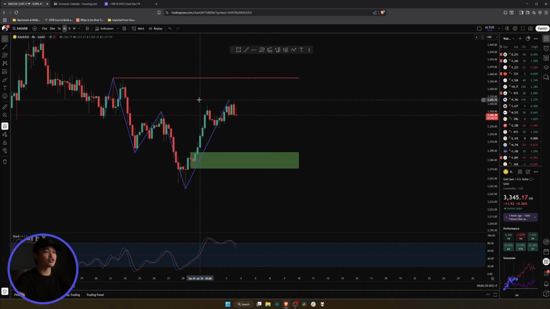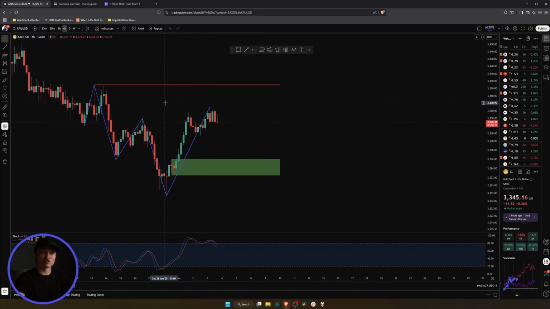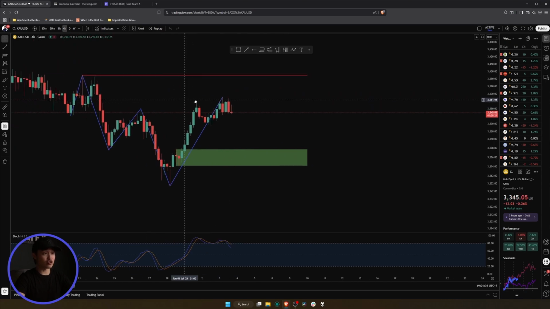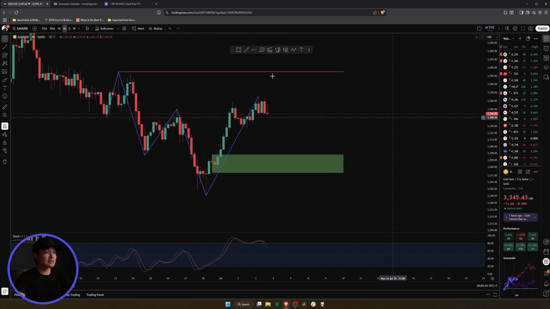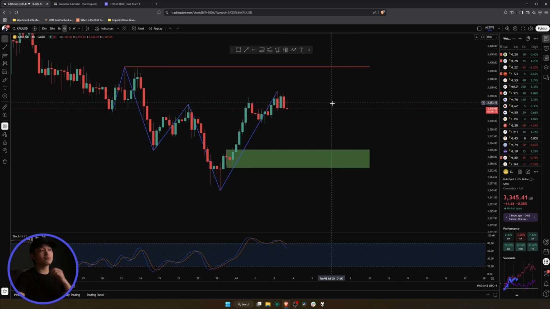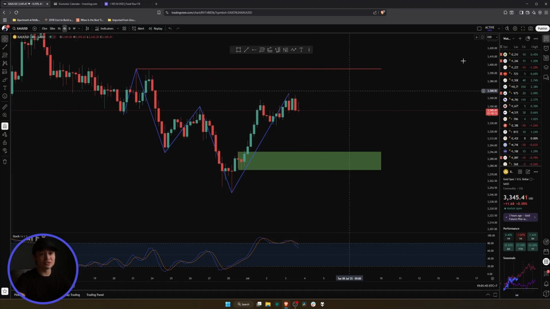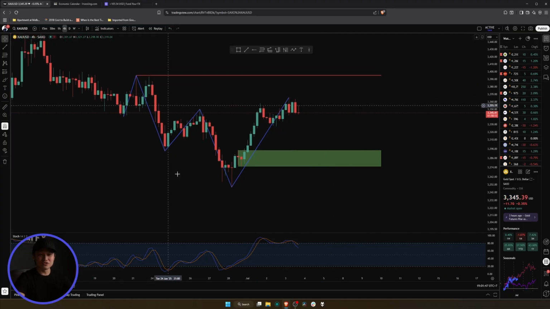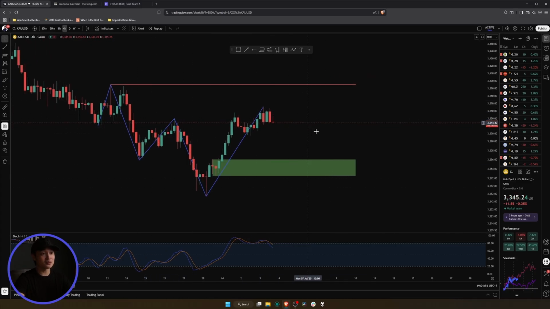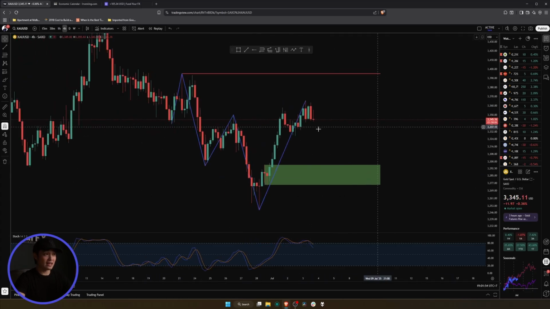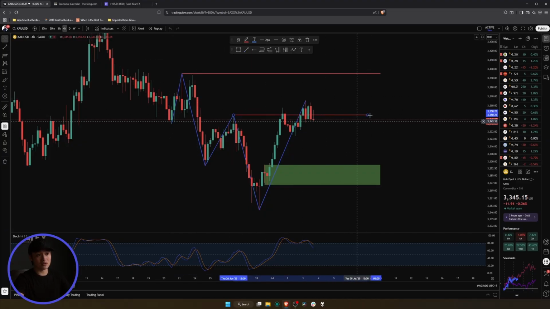I always use the 4-hour chart as my main structure, or the major structure. Right now the gold is quite complex because we see it moves in sideways momentum, but inside of the sideways momentum the gold makes a change of character, here in this red line.